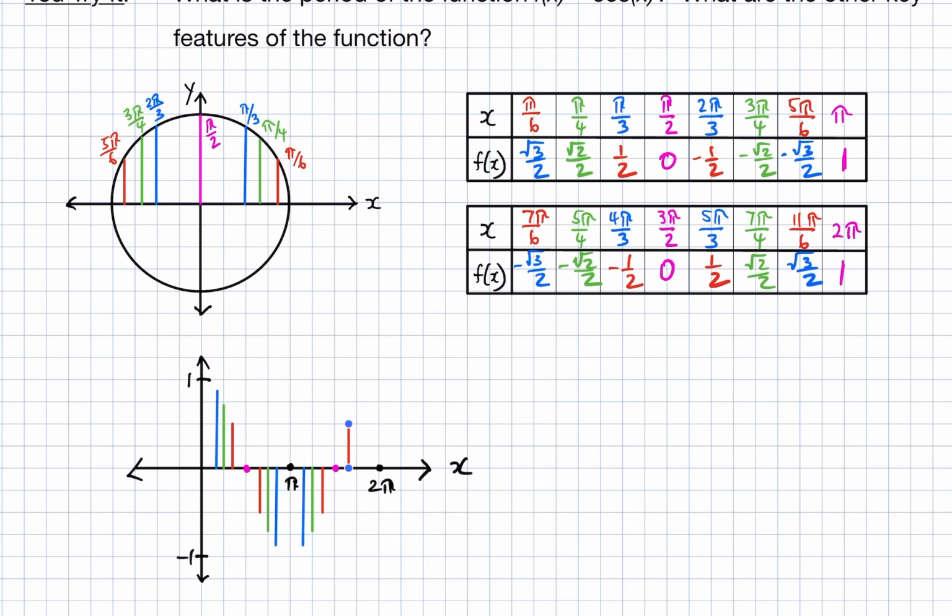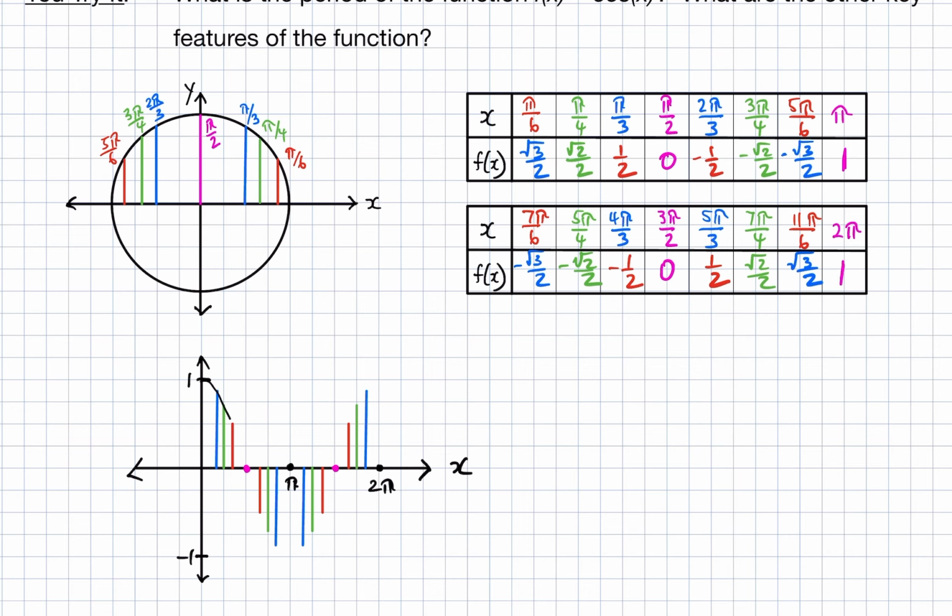And then the cosine of 7 pi over 4 is positive square root of 2 over 2. So that puts us about right there. And then lastly, the cosine of 11 pi over 6 is positive square root of 3 over 2. So that puts us about right there. All right? Okay, so if we were to connect these points here, we start at 1.